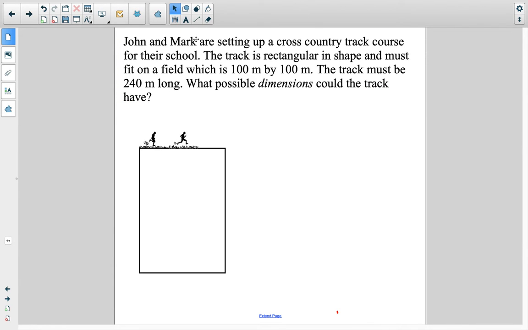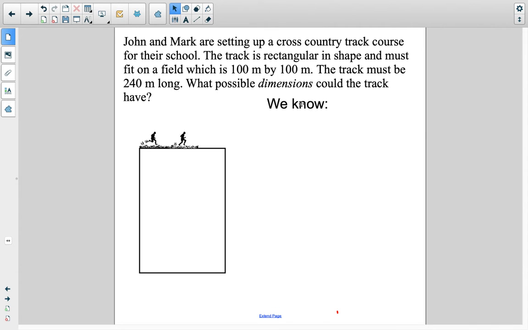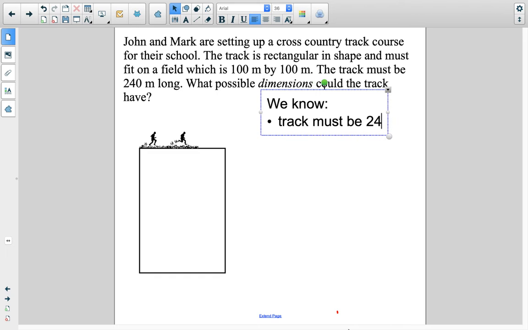So what do we know about this situation? I'm just going to make some bullets here. The track must be 240 meters. What else do we know?